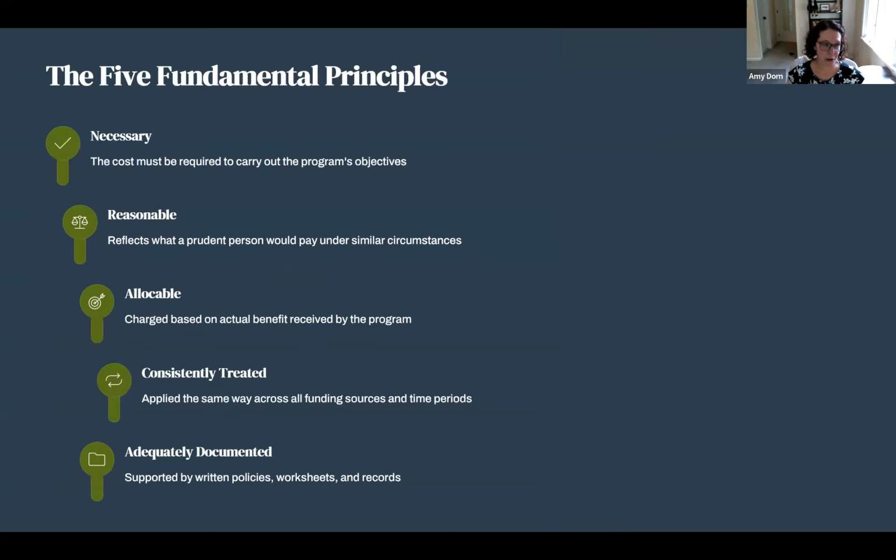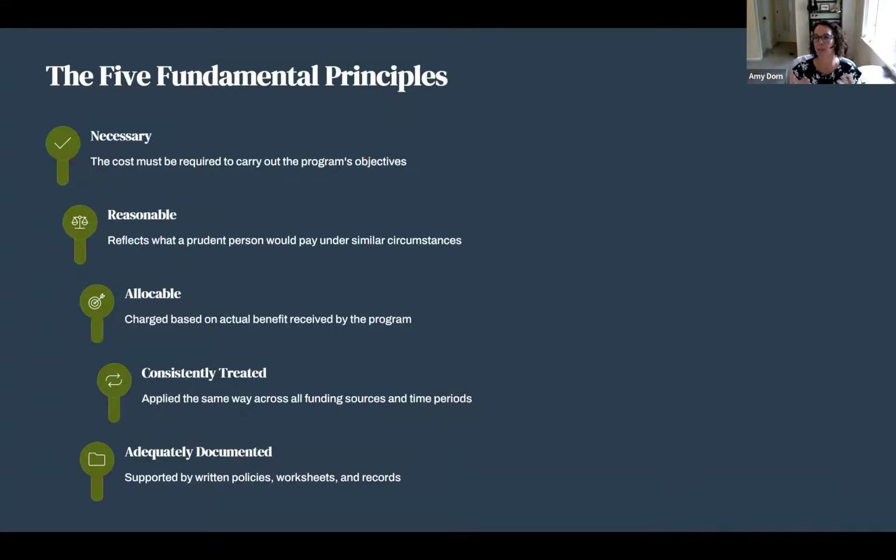All right, so here are your 5 fundamental principles. The cost that you're looking at has to be necessary to whatever program it's being applied to, and then reasonable, which we saw as part of the guidance, allocable, so it has to be charged based on the actual benefit that's received by the program.